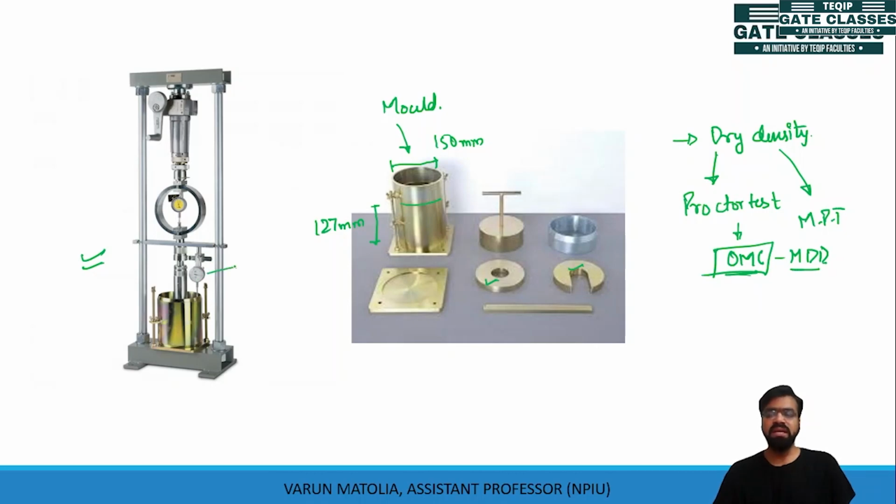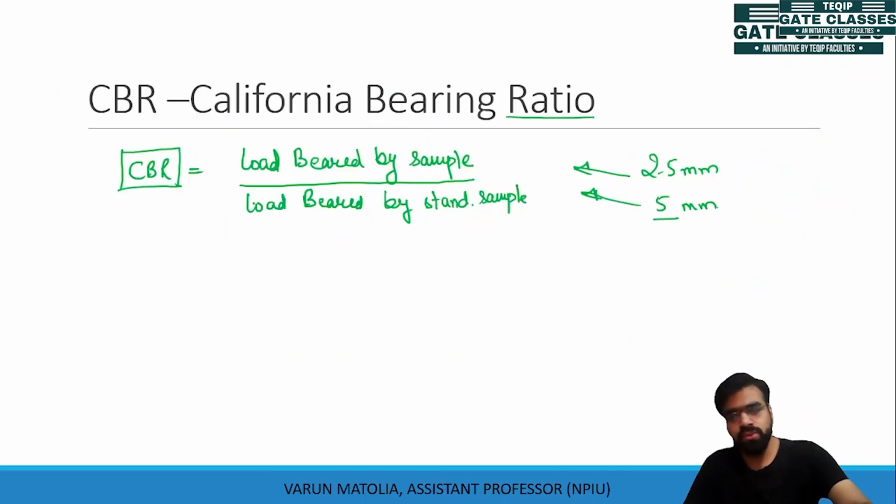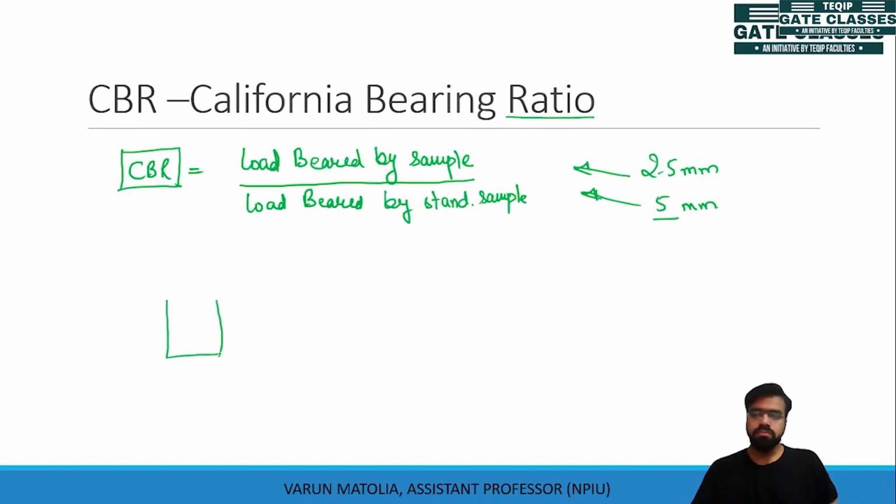Here we have a dial gauge which is measuring the strain value or the settlement. Here the proving ring is measuring the load applied. So what we do, we take this mold, we can perform this test by light compaction or with heavy compaction.